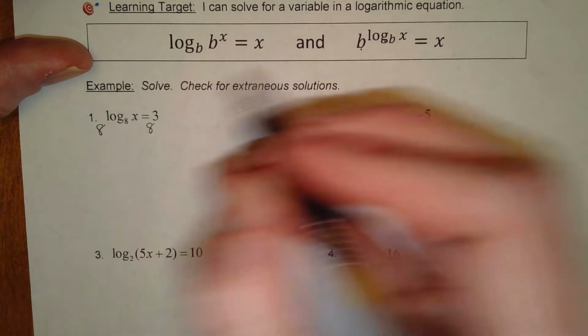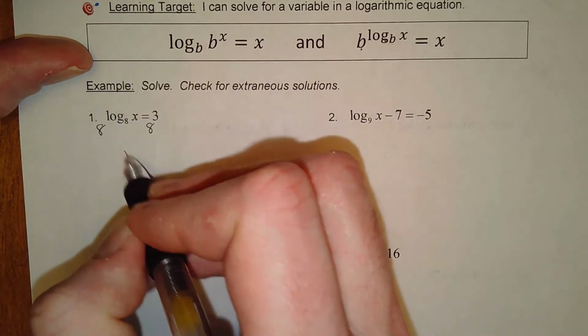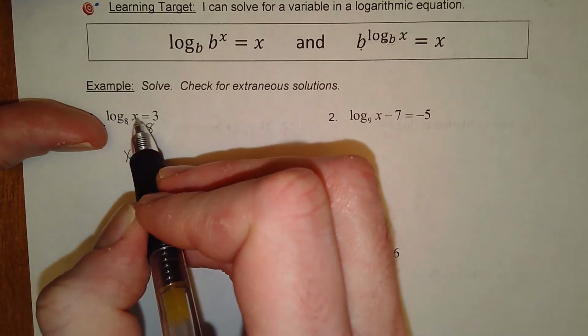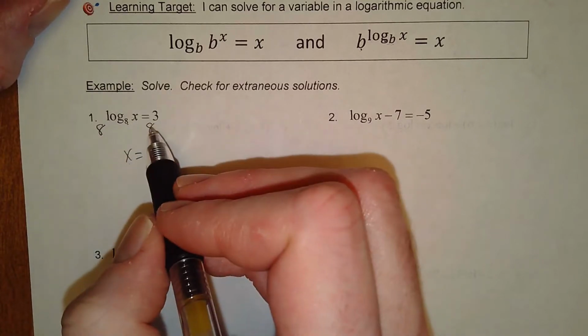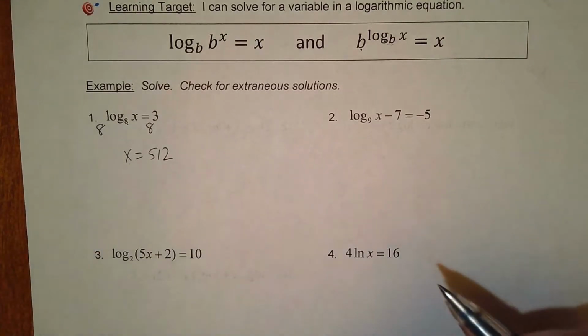On this side, when the bases match, all that's left is x, because this is saying 8 to what power equals x. Once you have that, take 8 to that power, you'll get x. So this equals x, and 8 to the third is 512, and that's your answer.